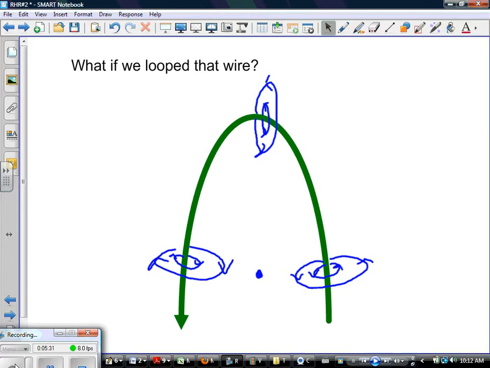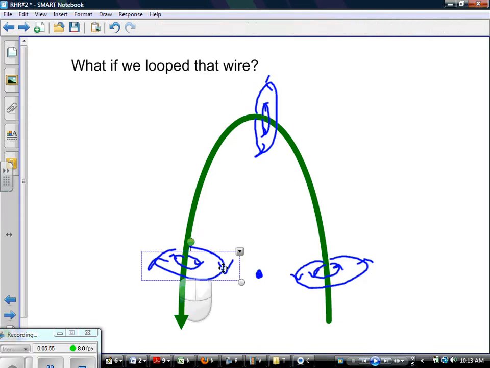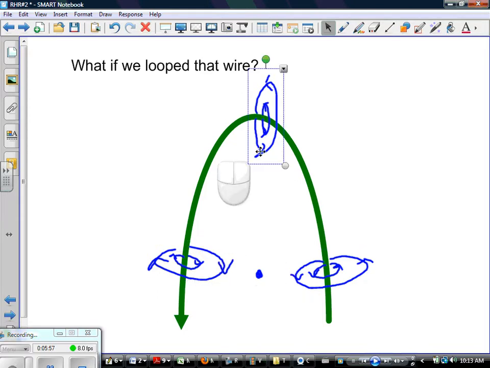So what happens if we have all these different fields from the wire acting in the same direction at the same point? It increases the strength of the field. So these 3 points here, 1, 2, 3.